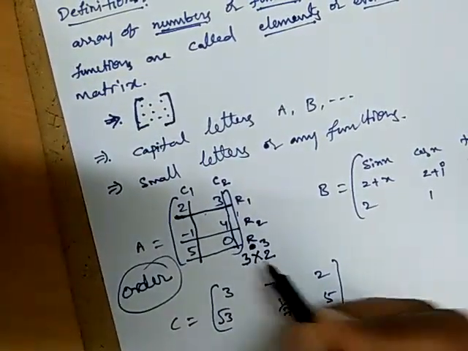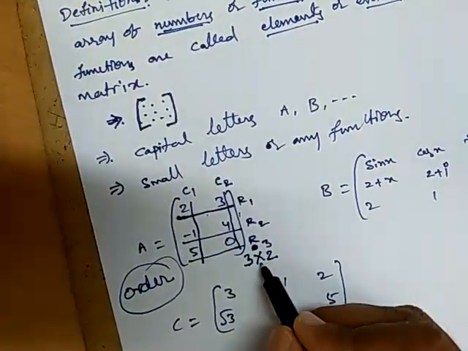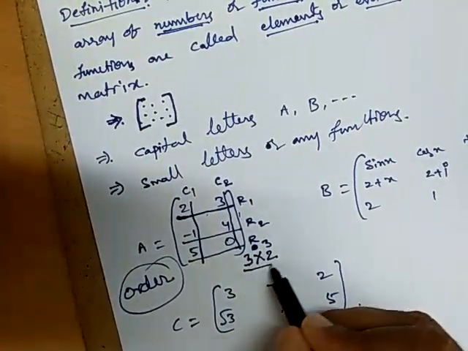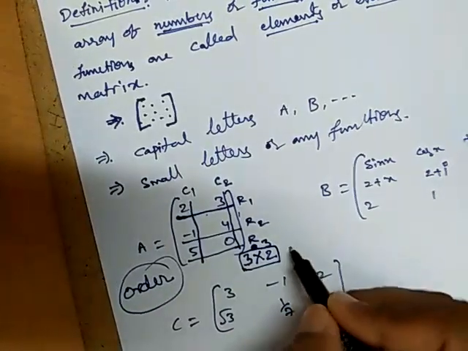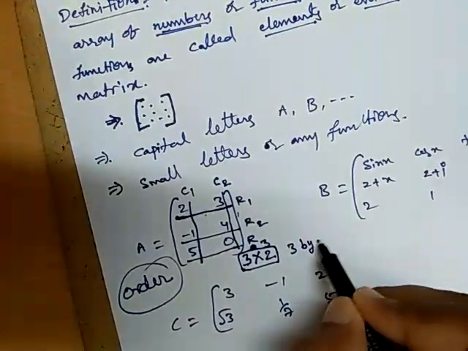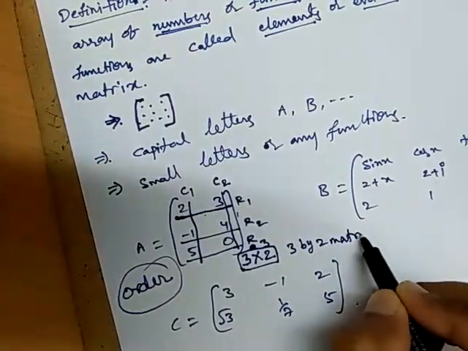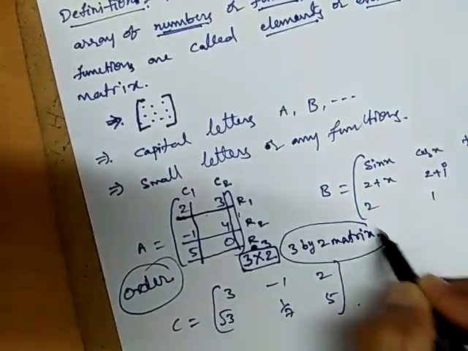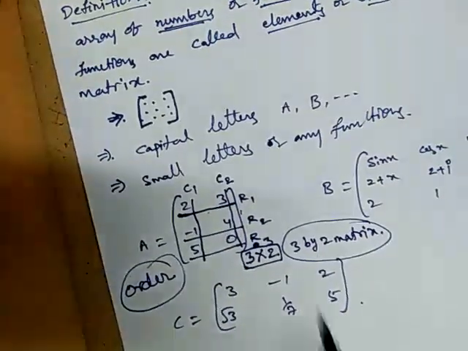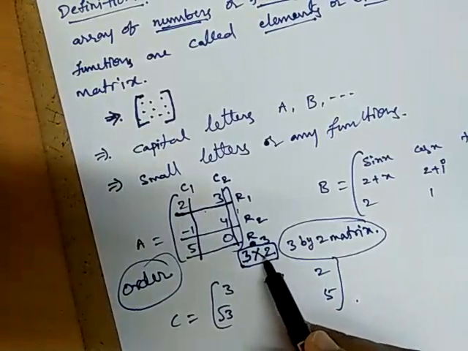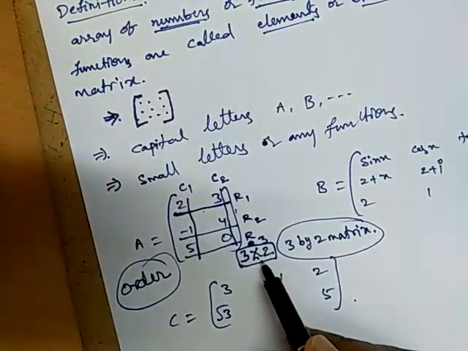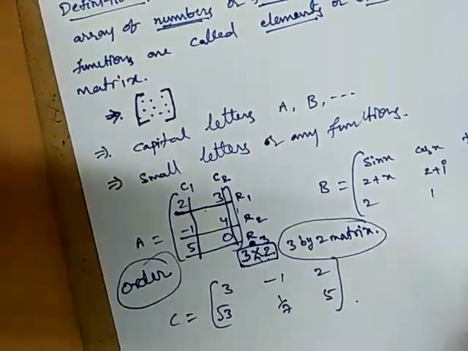In between you draw one cross. So we read this as a 3 by 2 matrix. Order can be written as 3 by 2.